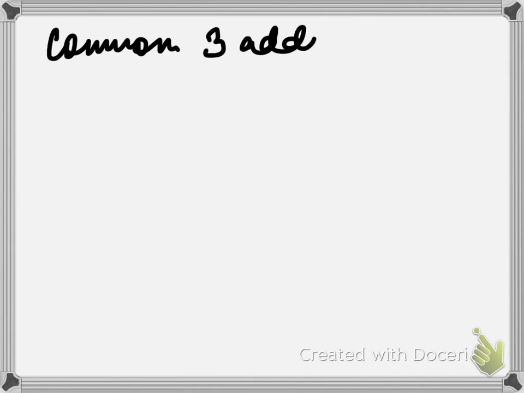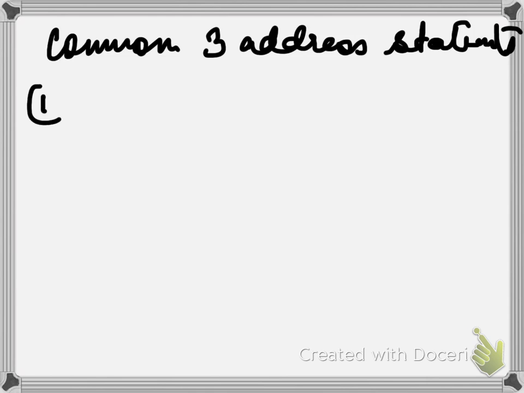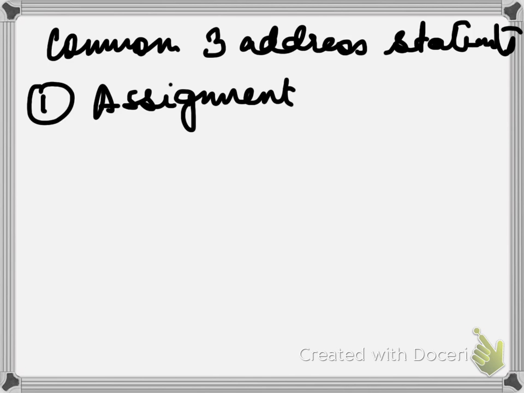Now there are many common types of three address statements. You have the assignment statements. When you have something like this, A is assigned B op C, op is a binary operator.